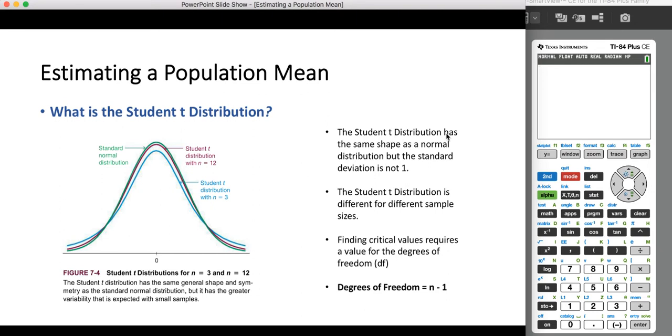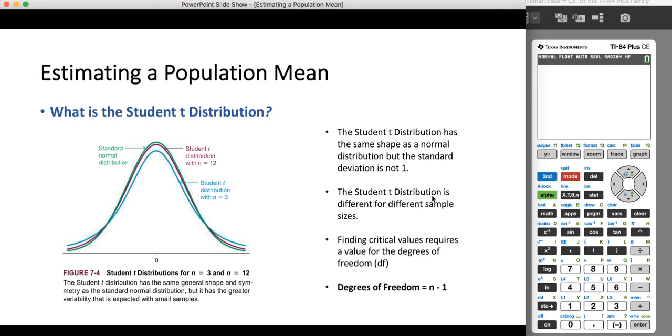The student t-distribution has the same shape as a normal distribution, but there's more variance: the standard deviation is greater than 1. What's important to understand is that the standard deviation changes with the number of data in the data set. As the number of data gets bigger and bigger, the student t-distribution gets closer and closer to the standard normal distribution.